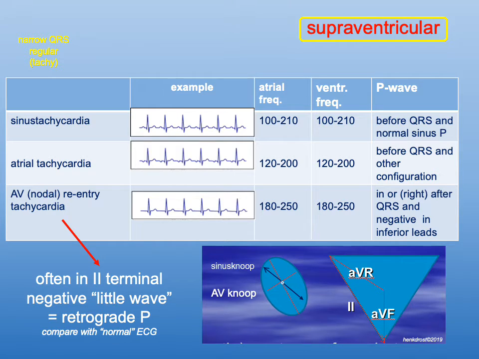And that you can see often as a negative little wave in the terminal part of lead 2. That's a retrograde P wave. And to see it well, compare the lead 2 with lead 2 of the normal ECG when possible.